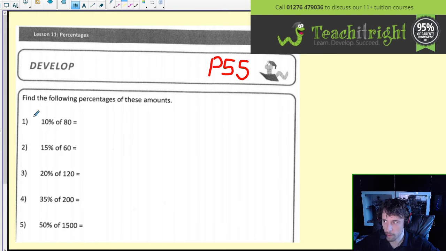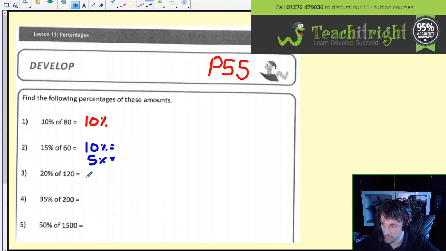Okay, so the first one, question 1, just work out 10%. Don't go any further. My advice for question 2 is to work out 10% and then work out what 5% is. The way to do that would be to halve whatever 10% is.